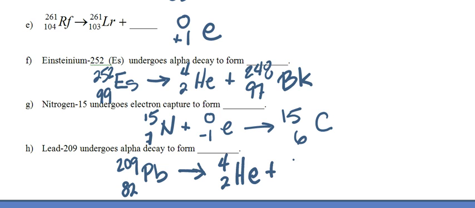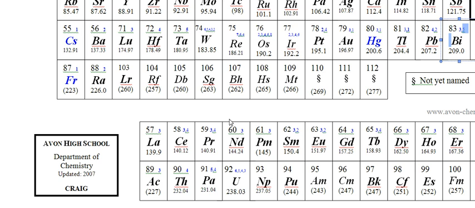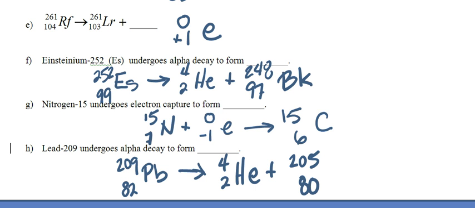So that means we have a mass of 205 and 80 protons. And so 80 protons is good old mercury. So Hg.